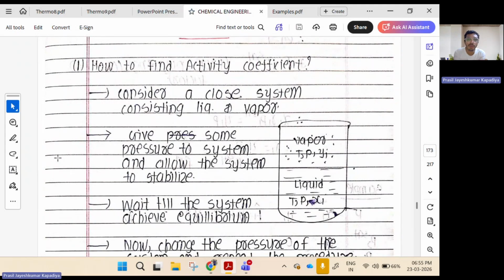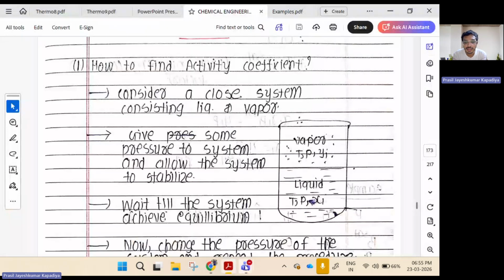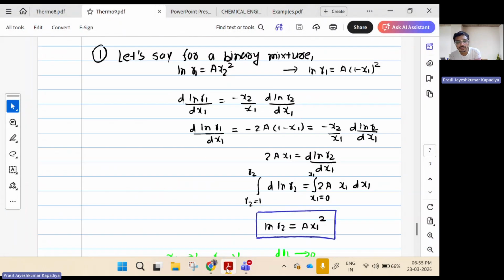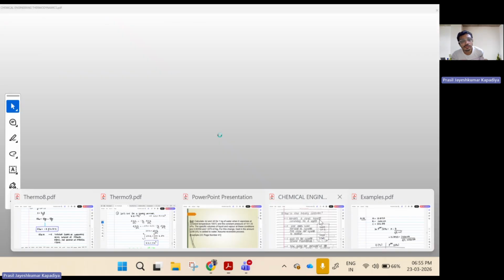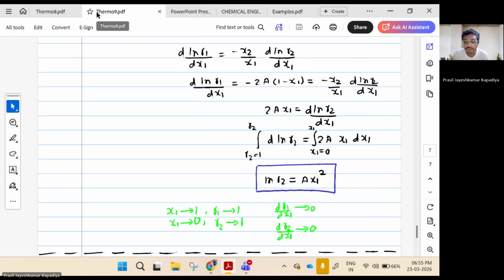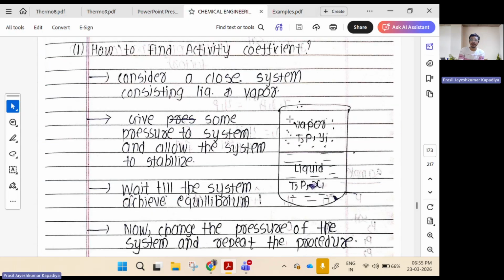Okay, so let's have a look at a different way, and we will again touch this point. So how can I find the activity coefficient? Let's say I'm performing one experiment. I'm considering a closed system consisting of liquid and vapor phase.